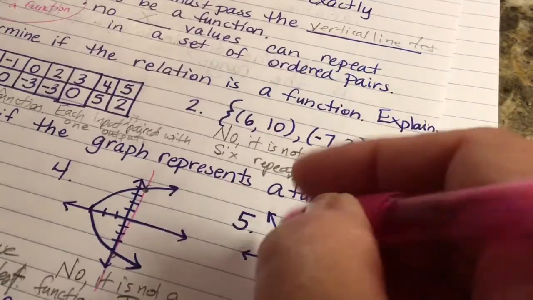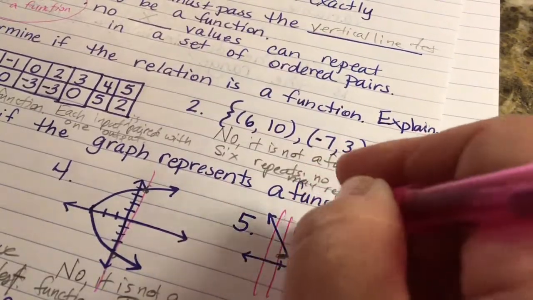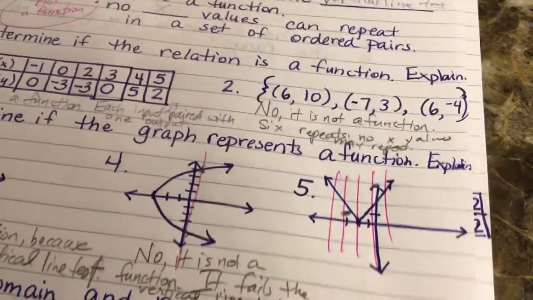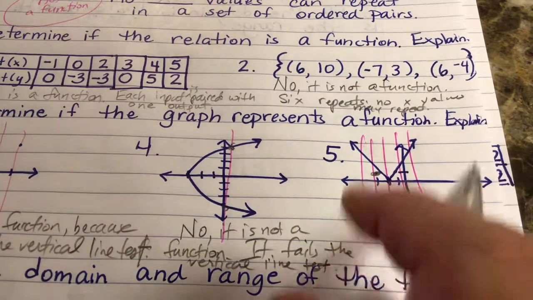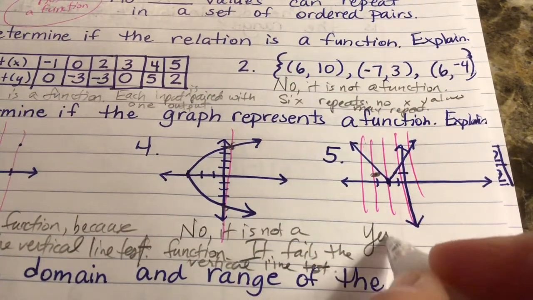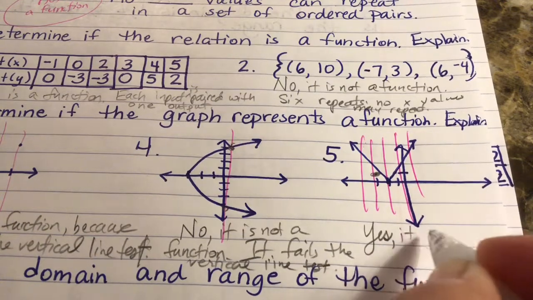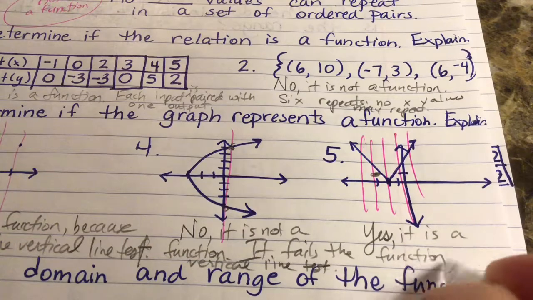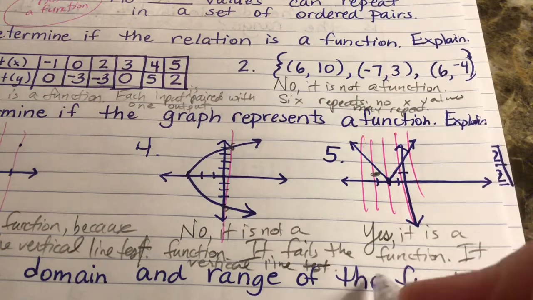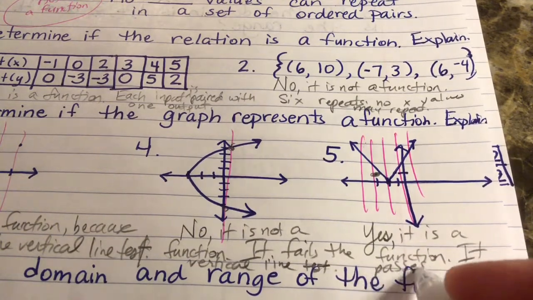I'm going to draw some vertical lines really quick. What do you think? Each of those pink lines, did they go through only one point on the graph? Hopefully you said yes. Yes, it is a function. It passes the vertical line test. That's how you explain.